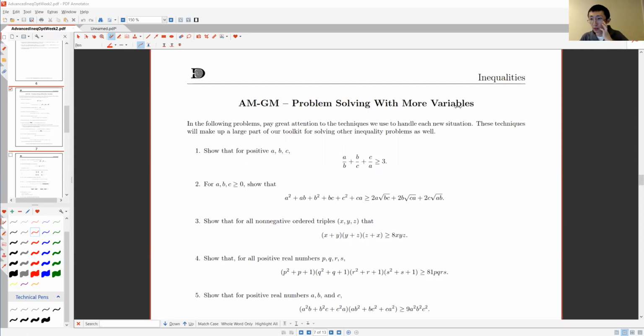Right, so Sunana and Sam both said we can directly apply AM-GM.